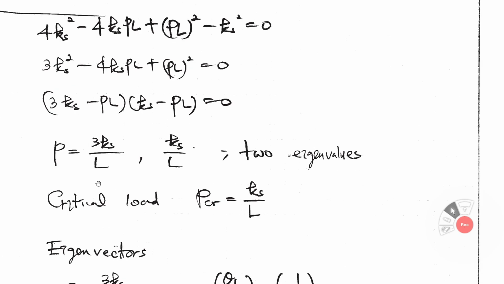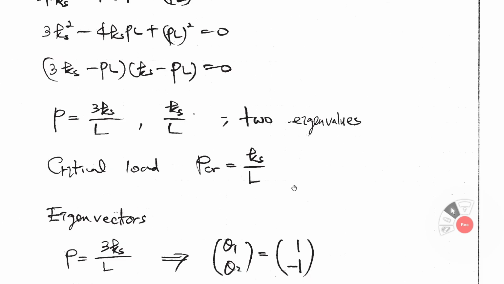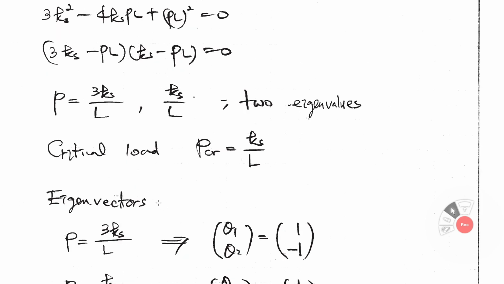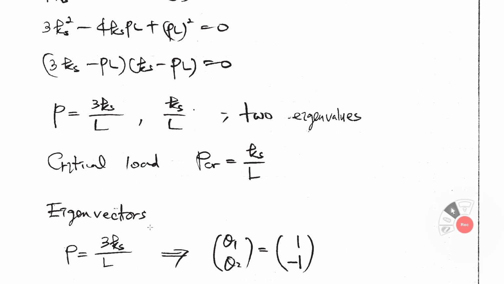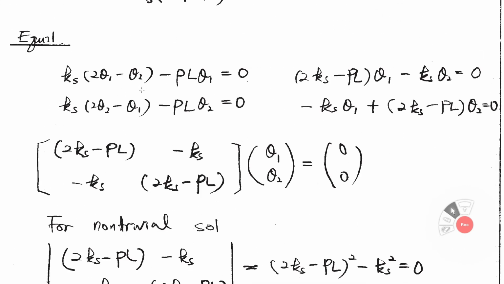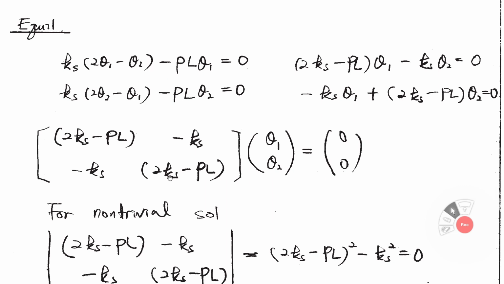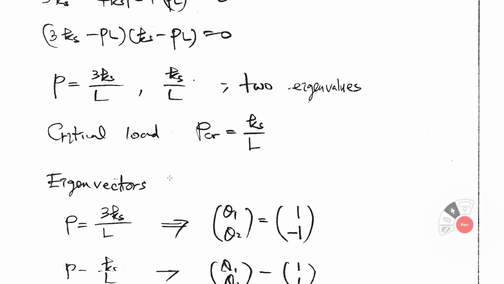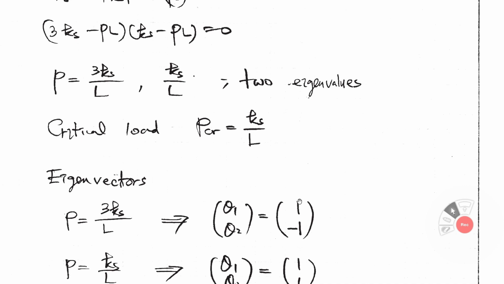That means you can get two PCRs, two eigenvalues. The smallest one is the critical loading: PCR equals Ks over L. From these two eigenvalues, you can get the eigenvector. If you get the eigenvector, you can see the buckling shape. So from P equals 3Ks over L, if you plug in these values into one of these two equations, you can get the relationship theta 1, theta 2 equals 1, minus 1.